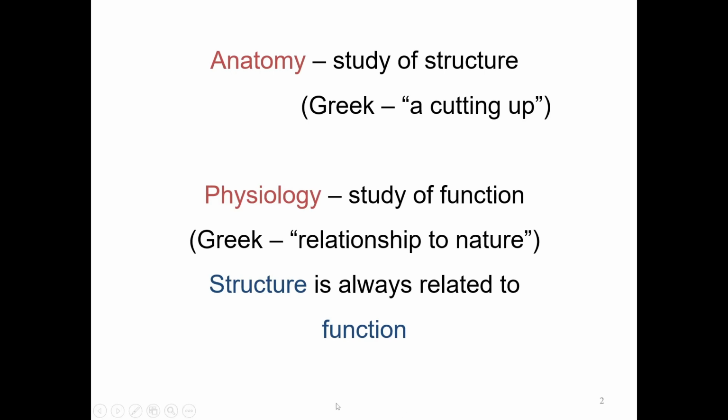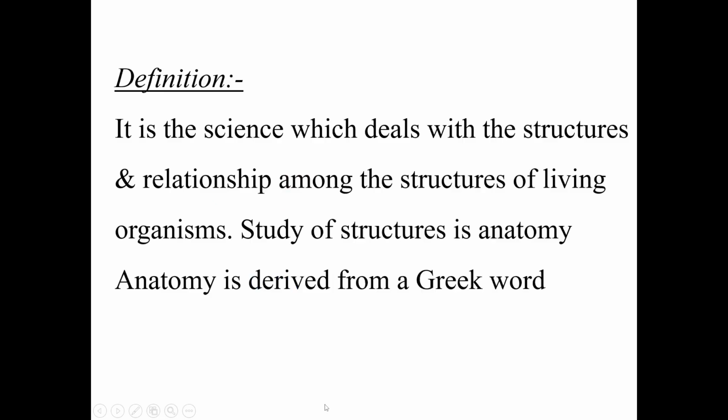And once you have a clear idea of this bioscience, that is the definition: it is the science which deals with the structures and relations among the structures of living organisms. The study of structure is anatomy, and anatomy is derived from the Greek word.